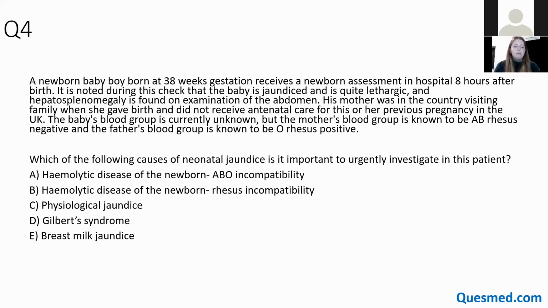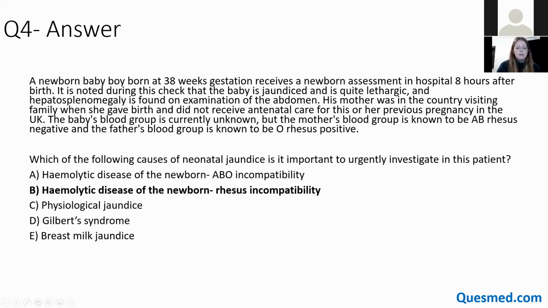Okay, let's see what you put. So split between A and B, with the vast majority, 90%, going for B, and a few of you going for A. The answer is B. So most of you were spot on.